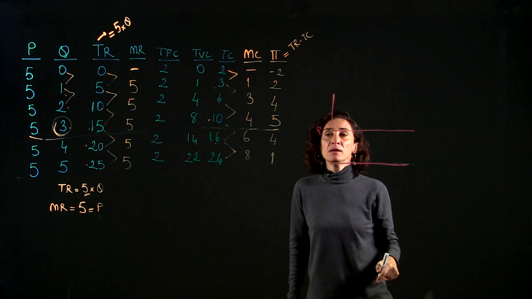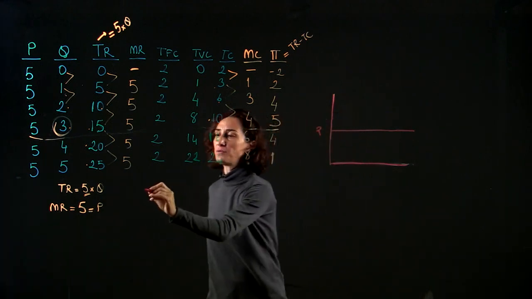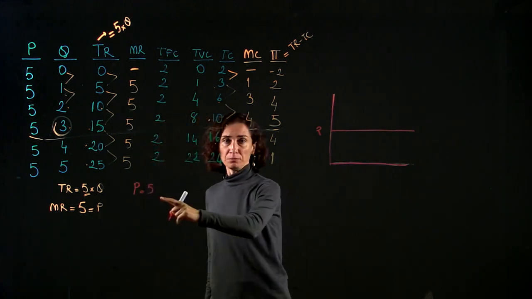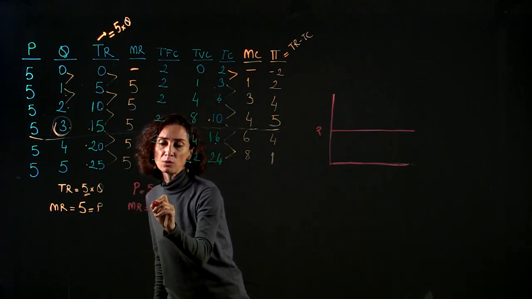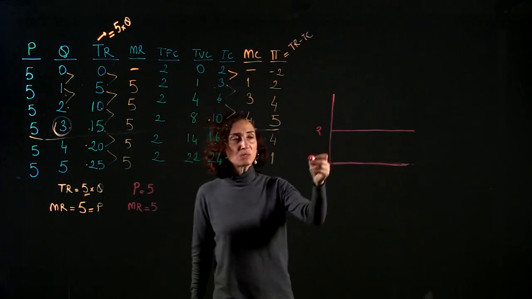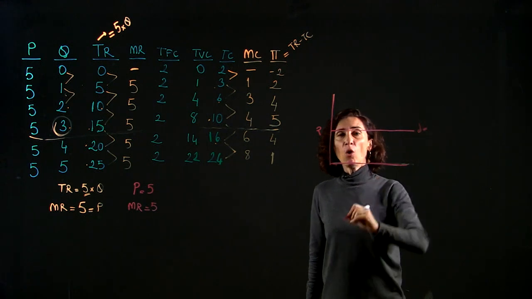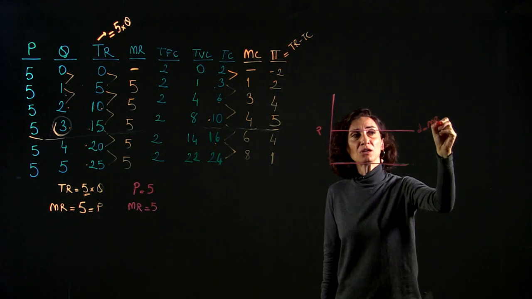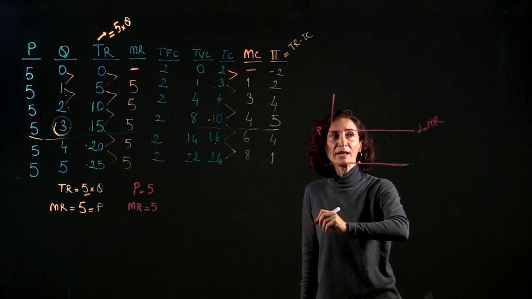Now this price is 5. For this firm, because it is a price taker, marginal revenue is also 5. So this perfectly elastic demand curve also represents the marginal revenue curve because marginal revenue is equal to price, which is a constant number.